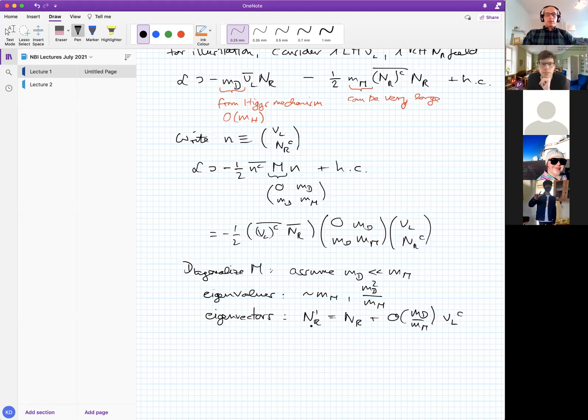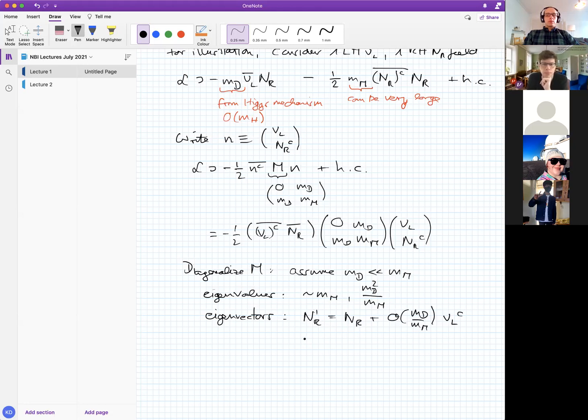So the eigenvector corresponding to this very large mass is almost identical to the NR field that we put in. Because that mass is so large, these fields effectively decouple from the theory. They exist somewhere maybe at the grand unification scale or slightly below, but they do not affect everyday phenomenology.